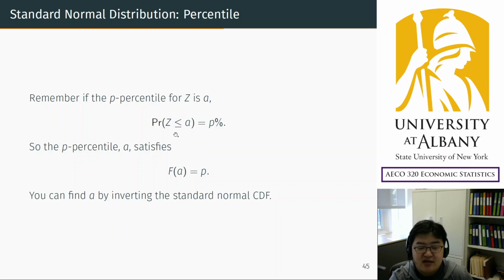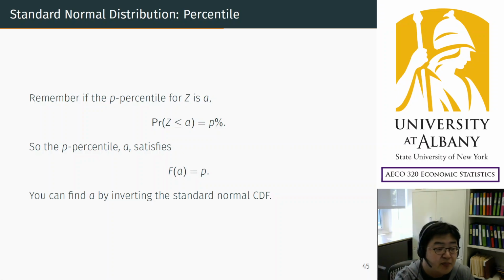This is consistent with the idea of percentile. When we learned the percentile, we used the same cumulative distribution function, and this was the definition: if probability P is below the number A, then A is the P percentile.